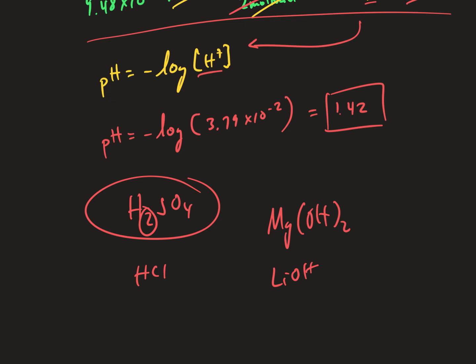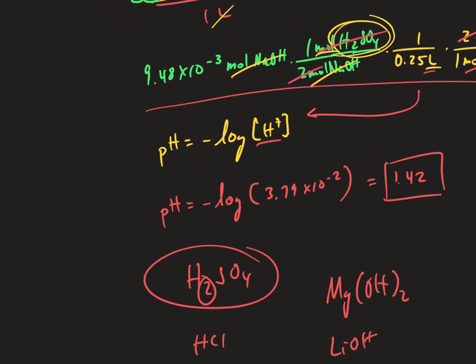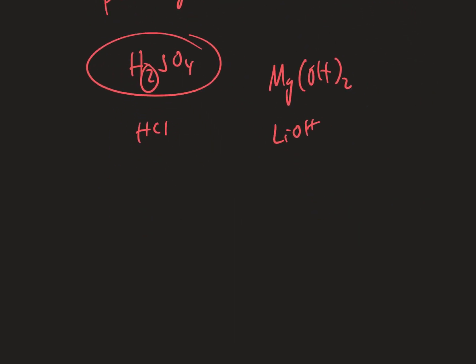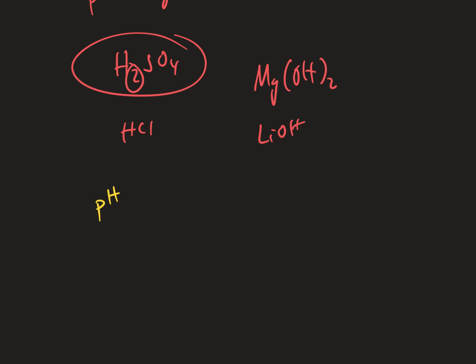But if you can see, okay, so this problem, let's go back. We were trying to find the pH of H2SO4, right? And to find the pH, it's the negative log of not H2SO4, but H plus.